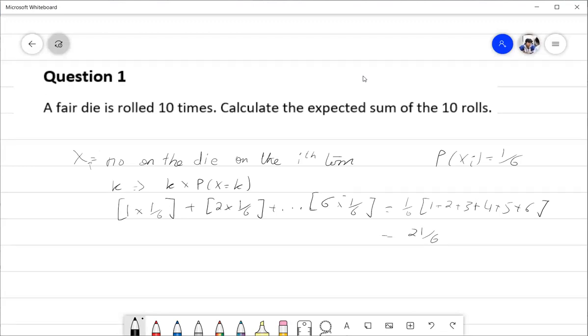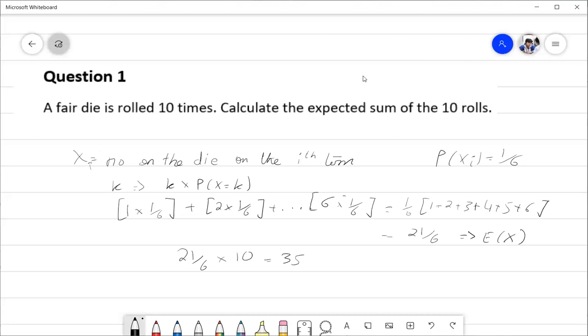For 10 rolls, essentially you have to multiply the expectation by the number of tries that you have. In this case, it's 10, so it will be 21/6 times 10, and that will be your answer, 35. Note how this is the expectation of one roll.